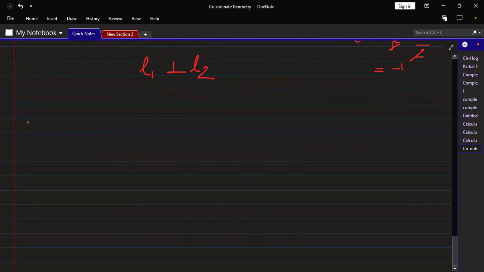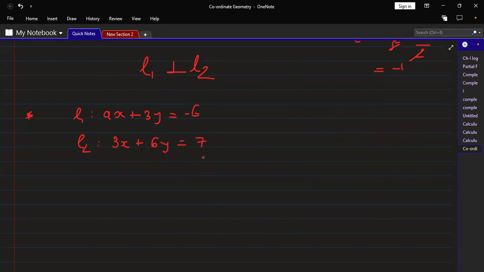Now same for the same equation. If we have L1: AX plus BY equals to minus 6, and L2: 3x plus 6y equals to 7.